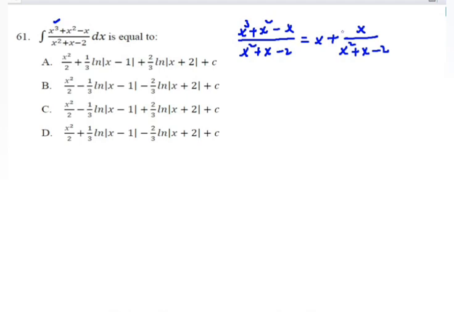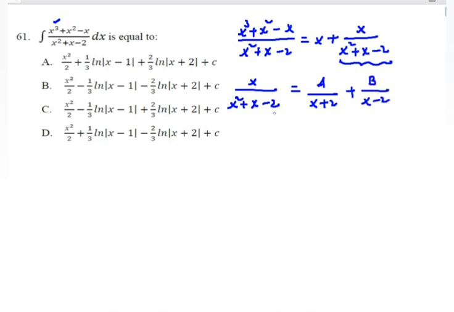Again, we need to write this part using decomposition into partial fractions. We know that x over x squared plus x minus 2 can be written as some constant a over x plus 2 plus another constant b over x minus 1, because the factorized form of x squared plus x minus 2 is x plus 2 times x minus 1.